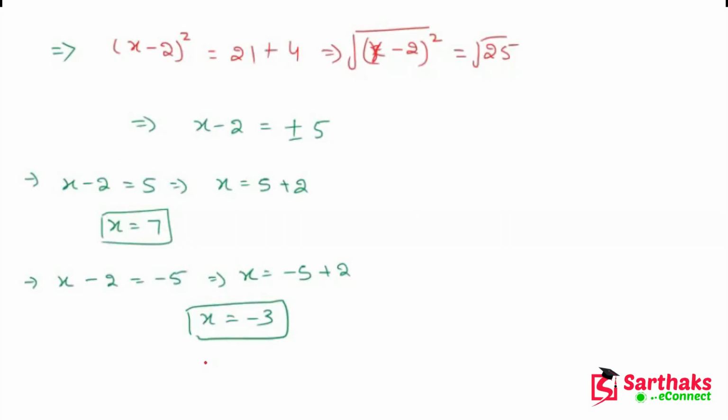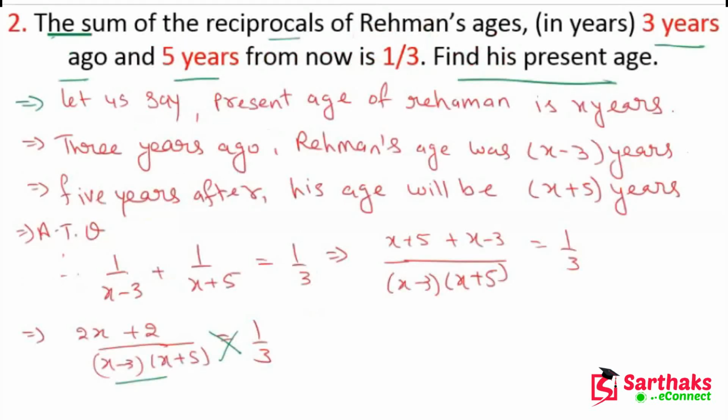And we know that age cannot be negative, so we can neglect this value. We have x equals 7, and x is the present age of Rahman.